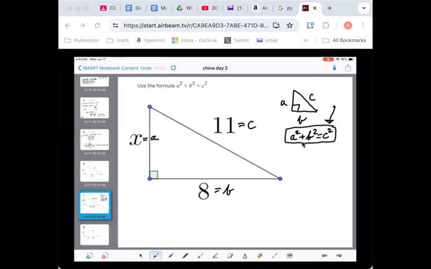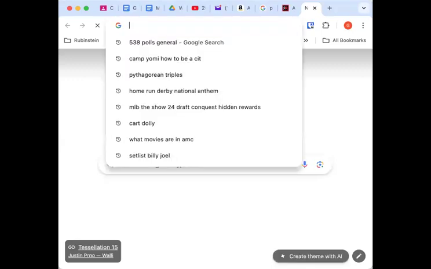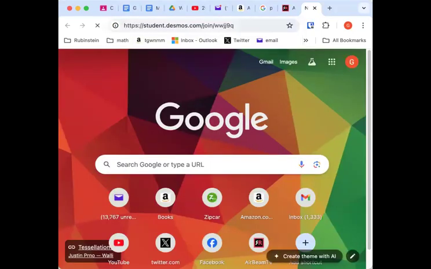In other words, it's going to be irrational. If you want to make a square root, I think you type SQRT and it will make the square root symbol. Oh, I don't even think you need to do that though. Let me take a look at something.